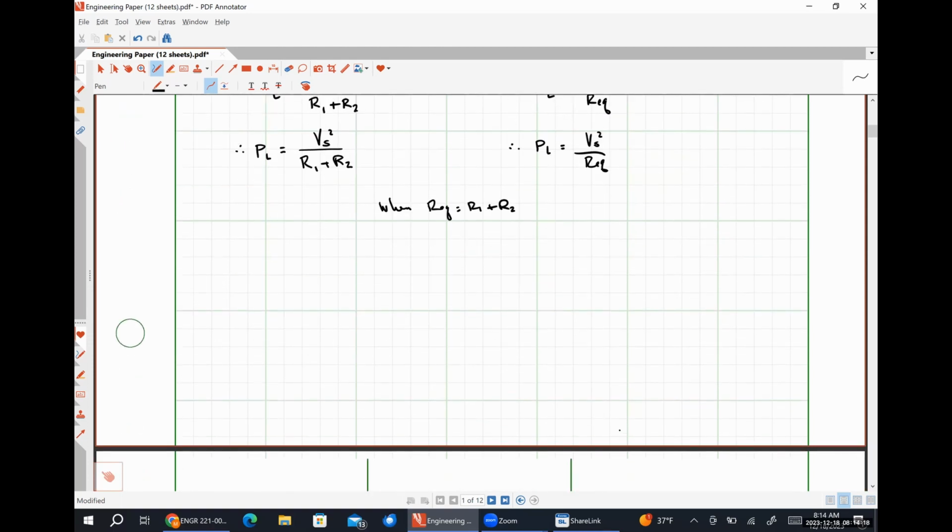So I'm going to draw over here on the left a practical voltage source connected to an arbitrary load resistance.